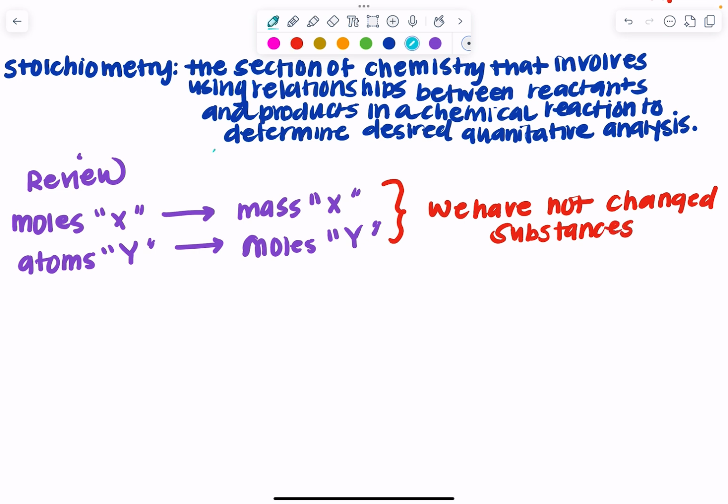Stoichiometry is a way to calculate moles of different substances.